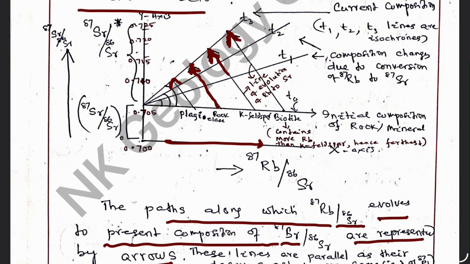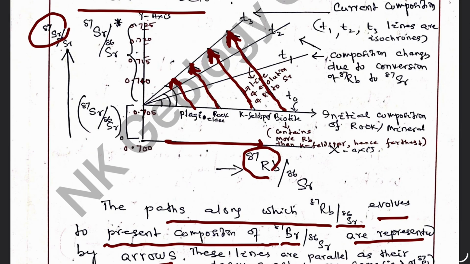These are the lines. Why are these lines parallel? Because the decay rate is constant. Decay of rubidium 87 to strontium 87 takes place at a constant rate.